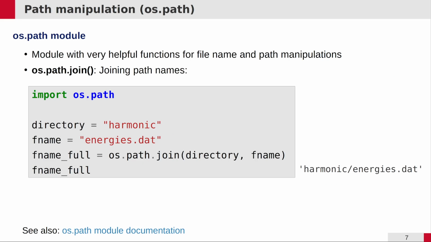There's one thing we should discuss before we finish, which is how to manipulate path components, so file names with directory components. And there are 2 ways in Python. I would like to show you both of them. There is the classical way using the so-called os.path module.